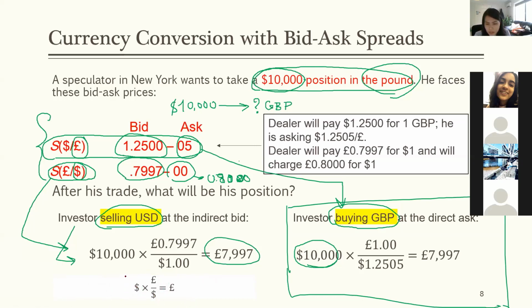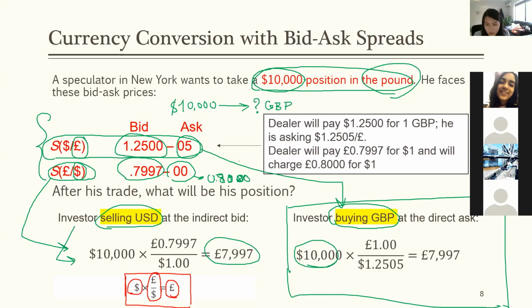Here, this is how I'm going to convert from one currency to another. I have a starting amount. Let's say in this question, I've got $10,000. Now, from the dollar, if I want to convert into the pounds, I'm going to multiply the dollar amount I have by this currency exchange rate over here.